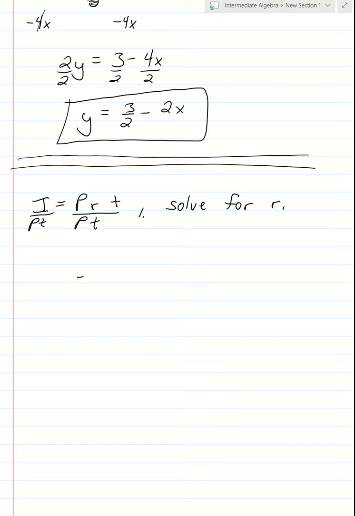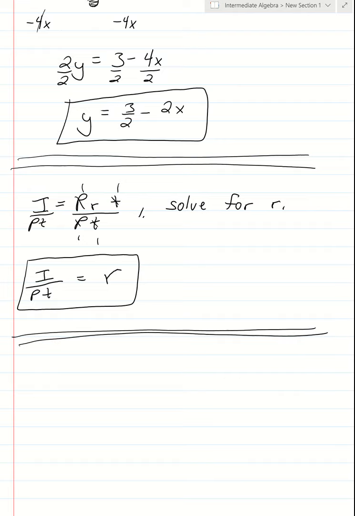Because on the right side, P divided by P would simplify, and T divided by T would simplify. So on the right side, we have just the variable R equaling I divided by P times T. And that would be your literal equation, your formula, solving for the variable R.